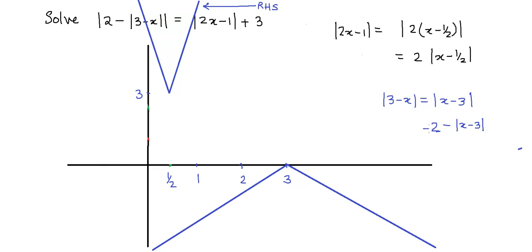So basically we are adding 2 to all this, which means that we'll take this curve up by 2 units. So it will be going through 1 like that and down. If we label these points, this is 5.